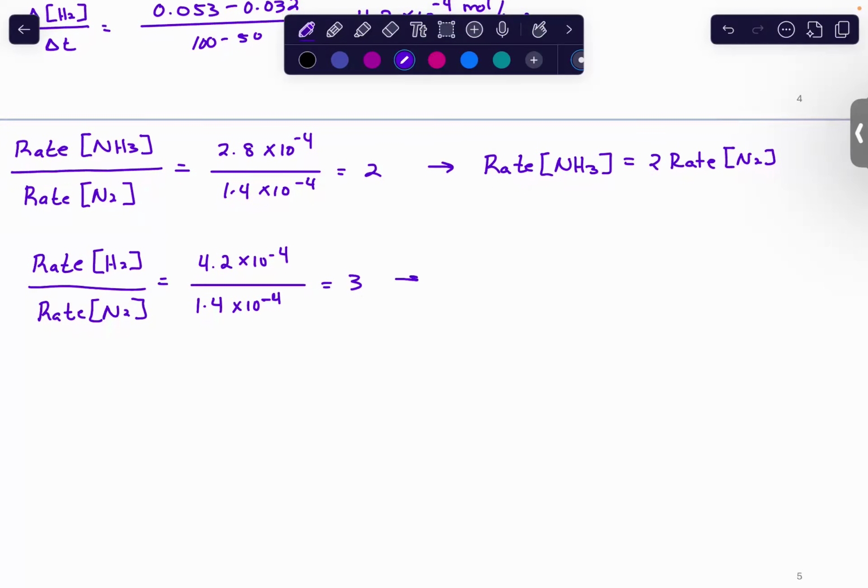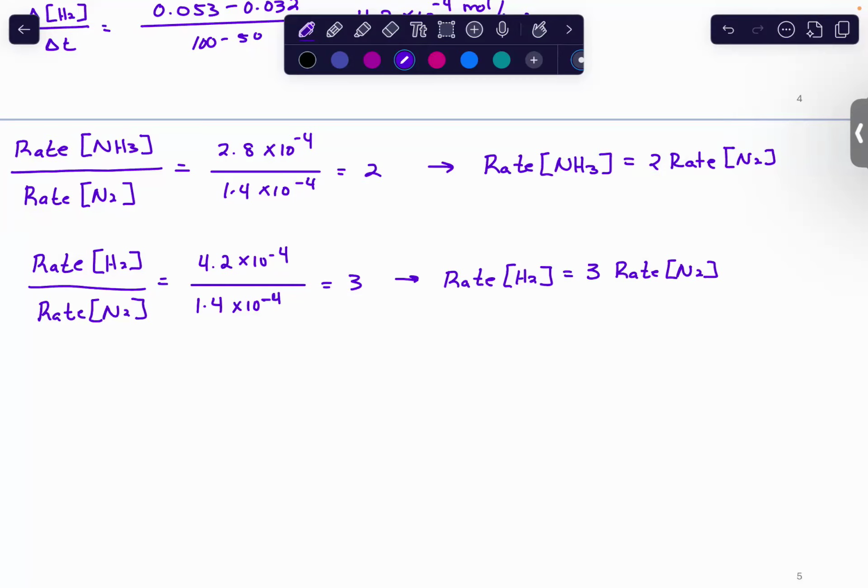So our rate of appearance of H2 is going to equal 3 times the rate of appearance of N2. All right.